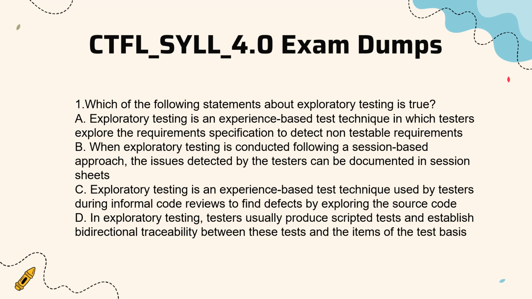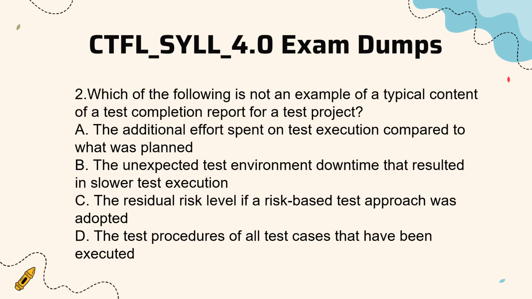D. In exploratory testing, testers usually produce scripted tests and establish bidirectional traceability between these tests and the items of the test basis. 2. Which of the following is not an example of a typical content of a test completion report for a test project?